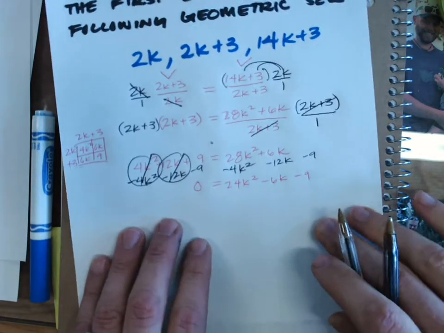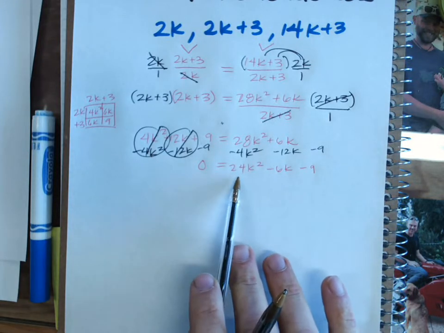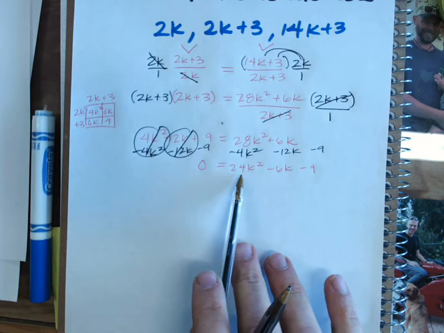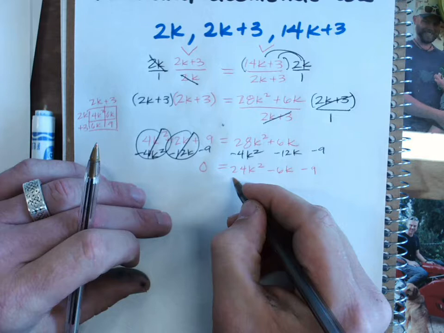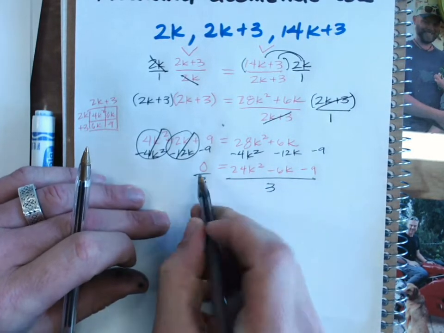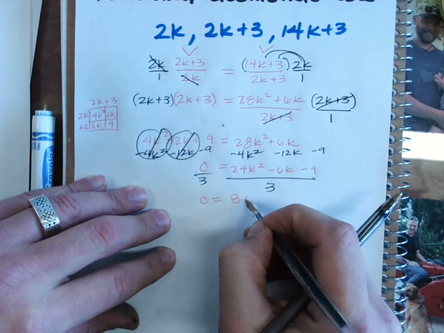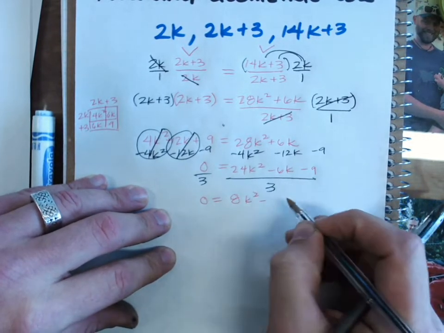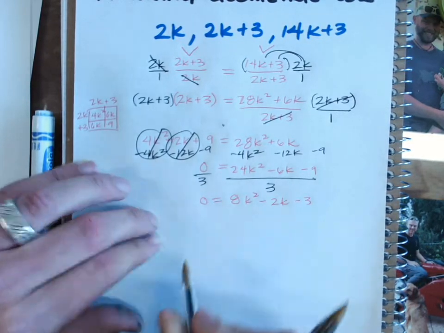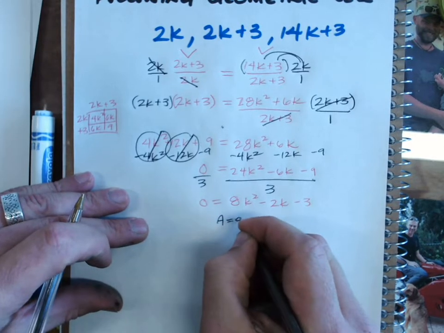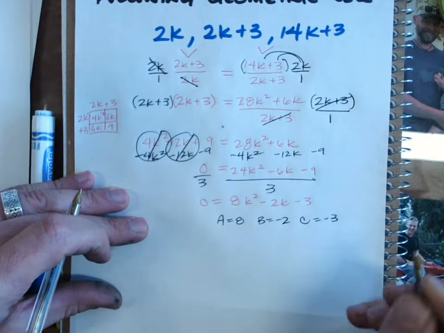And that's a quadratic. We can take that straight to the quadratic formula, but I always like to make my numbers easier. I'm noticing here that there's a greatest common factor to all of these of 3. And so we can divide both sides by 3, which will not change the 0. It's kind of nice. This becomes easier. 8k squared minus 2k minus 3. So a in our quadratic formula equals 8, b equals -2, and c equals -3.